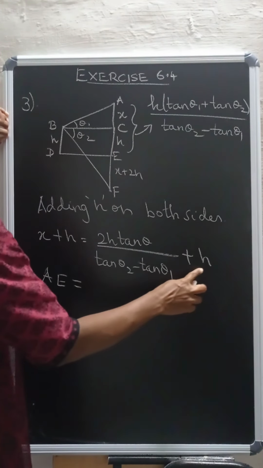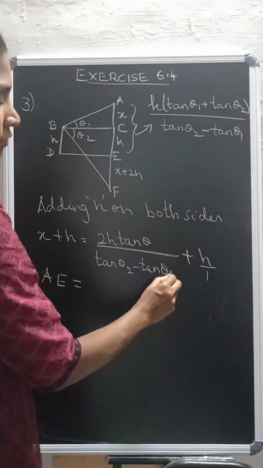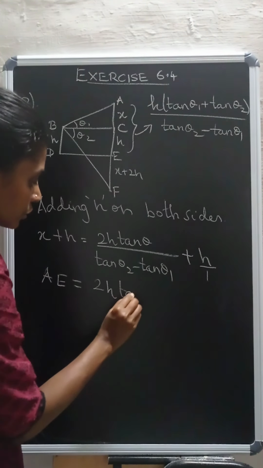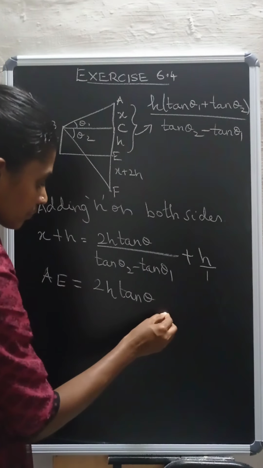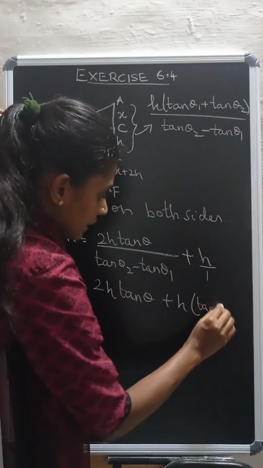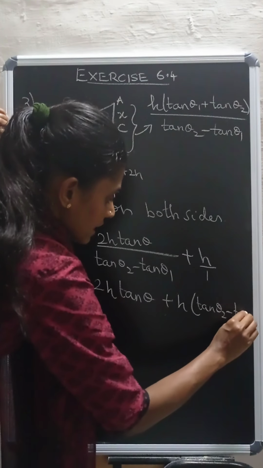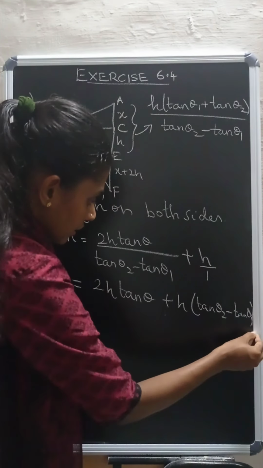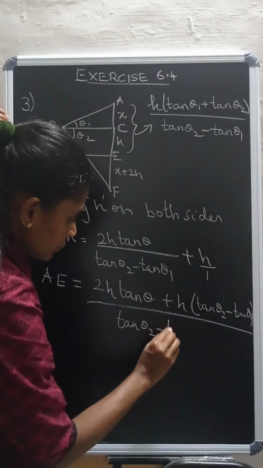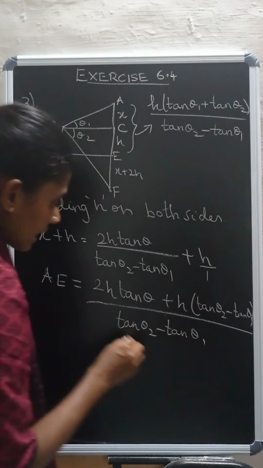AE is equal to... now we need to add these two fractions, so we are going to take the LCM. It becomes 2h tan theta 1 plus h into (tan theta 2 minus tan theta 1) divided by (tan theta 2 minus tan theta 1).